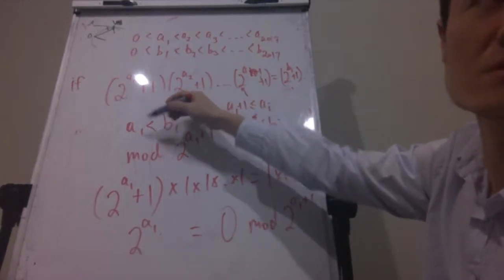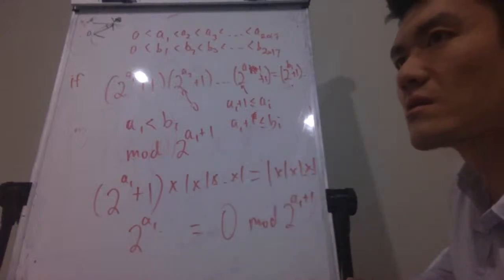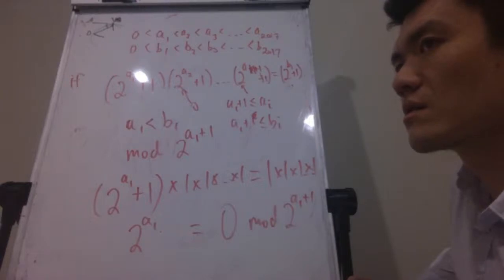So therefore they have to be equal, because you could just do the same thing. Instead of saying A1, I just say it's the smallest one that's not in both.